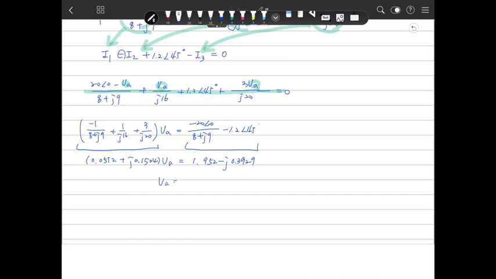So we can calculate VA as 12.4 at minus 81.2 degrees. Therefore, VA(t) is 20.4 cosine of 250t minus 81.2 degrees.